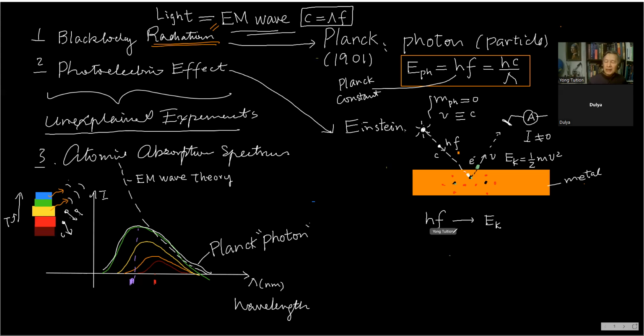However, they are not necessarily equal. Because during this process, when the electron absorbs the energy from the photon and escapes from the surface, it has to overcome the resistance or attraction from the nuclei.